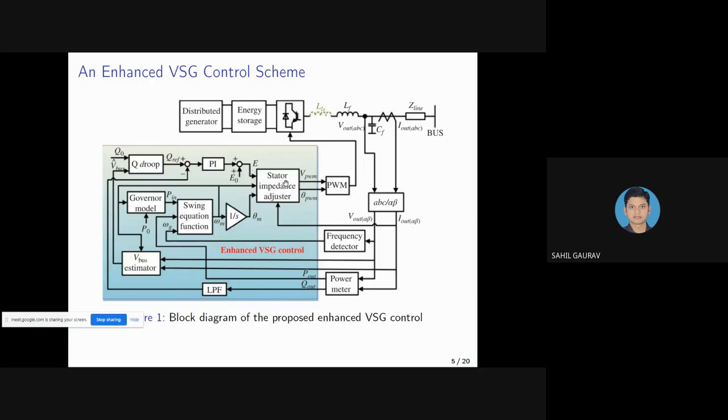This is the other block added in the enhanced VSG controller scheme to eradicate, as I said earlier, three problems of the basic VSG controller scheme. Now we will see the working of both the stator impedance adjuster and the bus voltage estimator in detail.